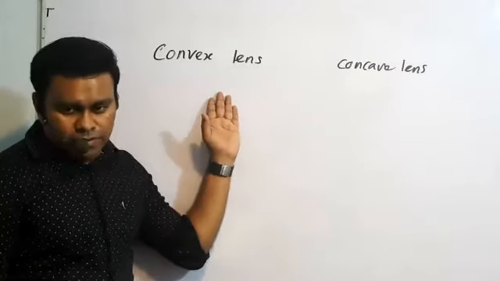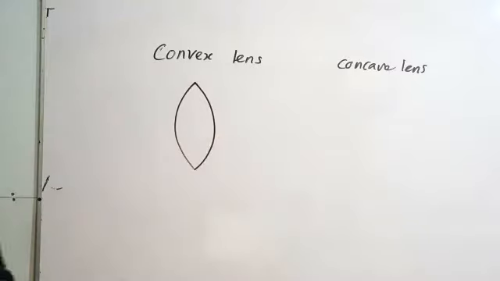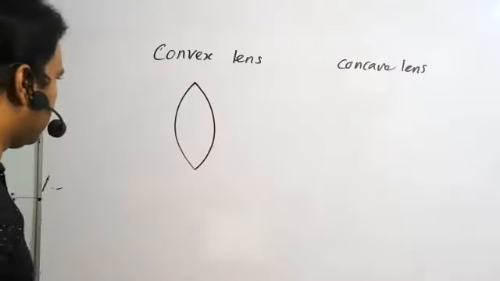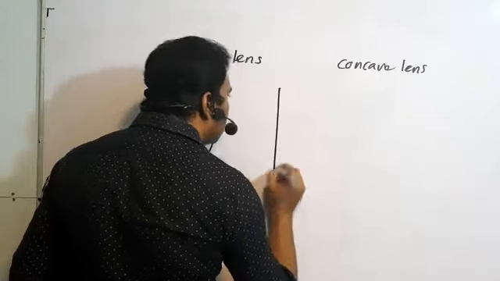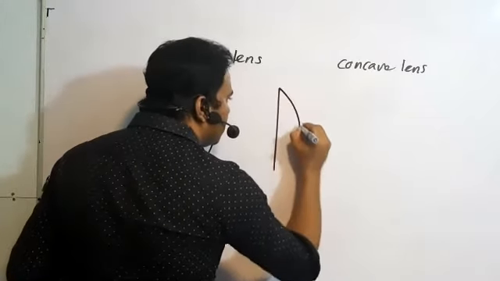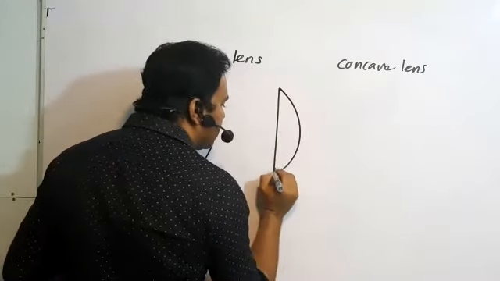There are 2 types of convex lenses. Okay. Here, both sides are convex. Therefore, we call that biconvex. Sometimes one side is plane, only one side is convex.